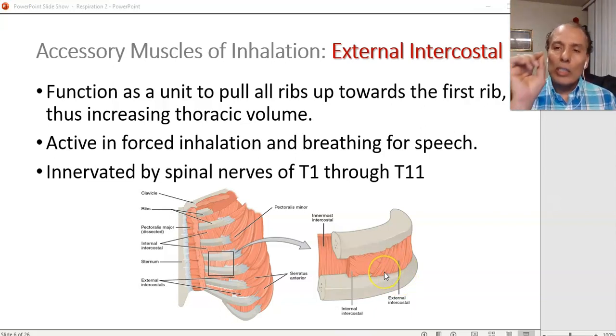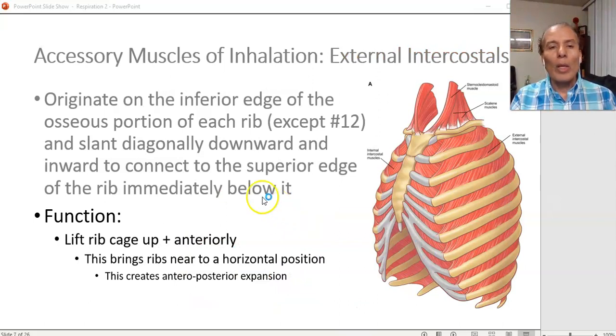Okay, you need to understand and memorize the origin and the insertion of muscles, keeping in mind that a muscle always pulls in the direction toward its root. So the function of the external intercostal muscles is to elevate the thorax.